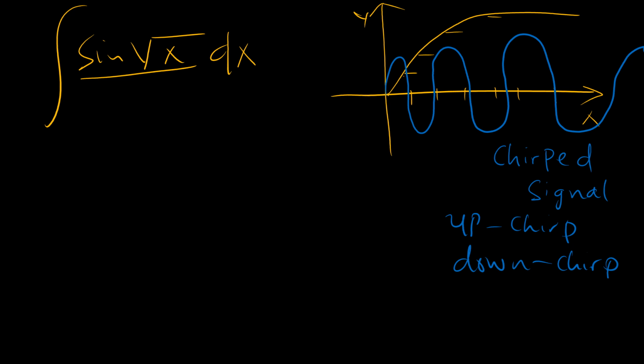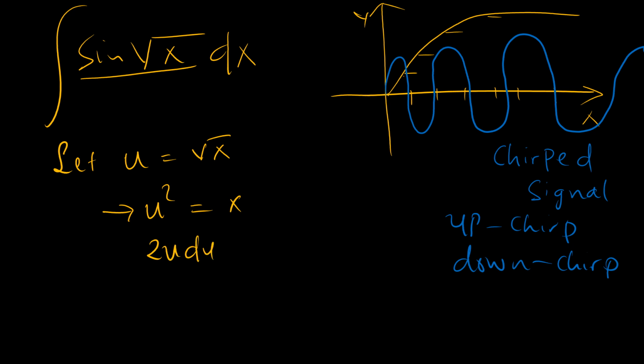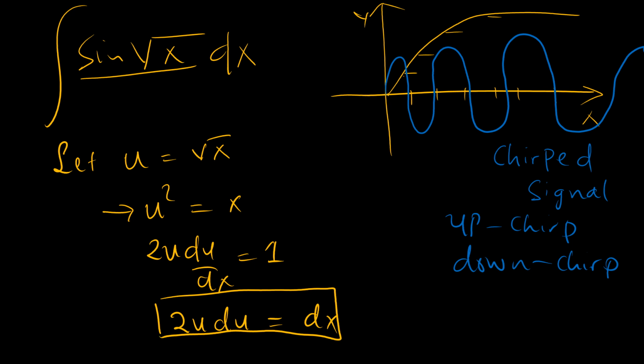So what I would do is let u be equal to the square root of x. Now what it means is u squared equals x, and we would say 2u du/dx equals 1, so we would substitute for dx with 2u du.